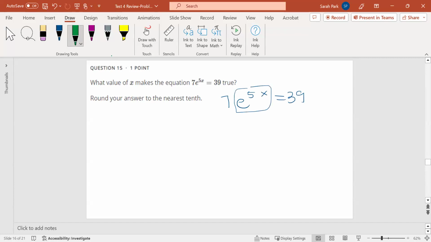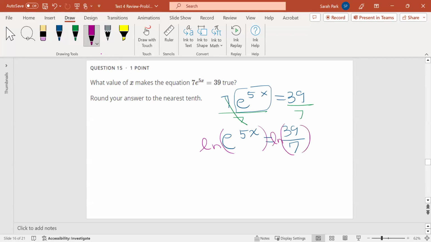We do that by dividing both sides by 7 first. So we have e raised to the 5x equals 39 over 7. To get rid of this base e, we can do ln to both sides. So we do ln of e to 5x, and we have ln of 39 over 7.